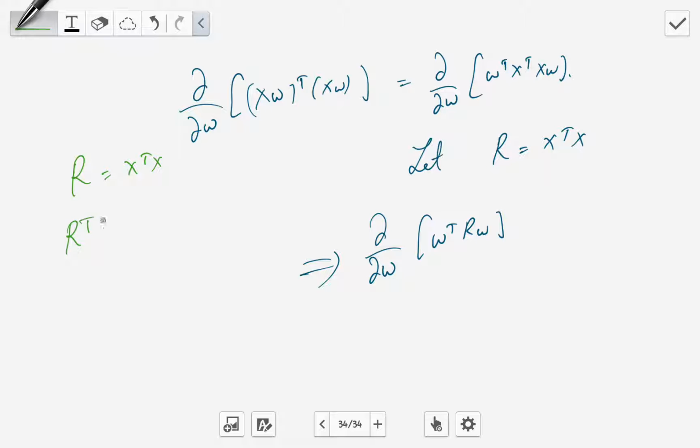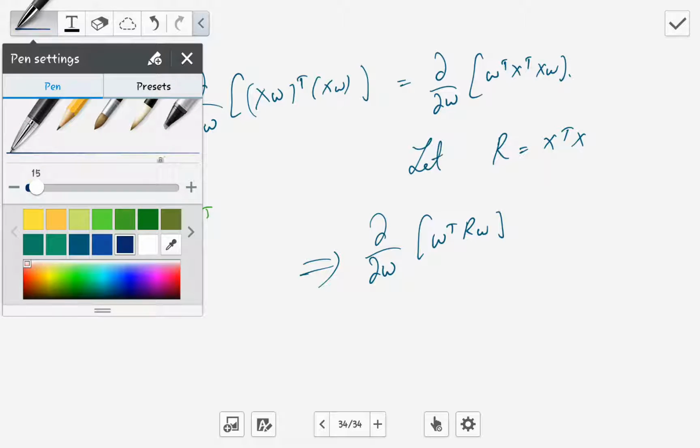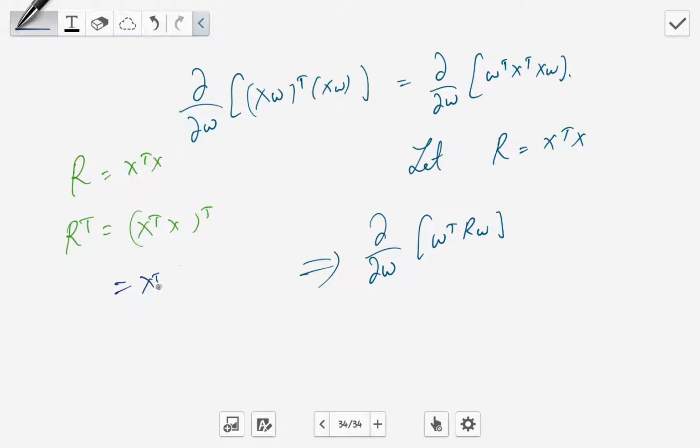If I find R transpose, it is x transpose x whole transpose, which is x transpose times x transpose whole transpose, which is x transpose x, which is R. That is, R is symmetric, so we can simply write this as 2Rw from the matrix review that we did.